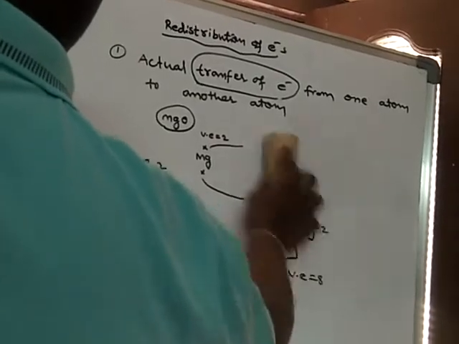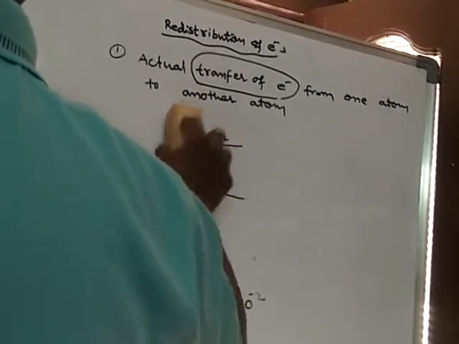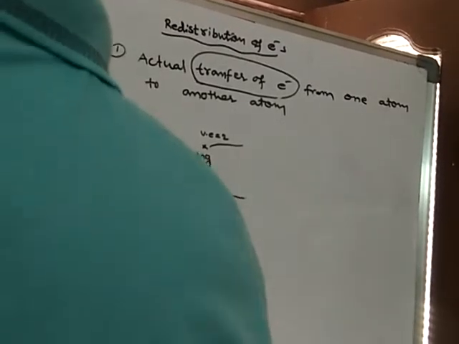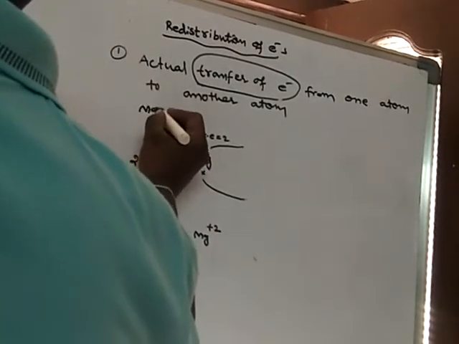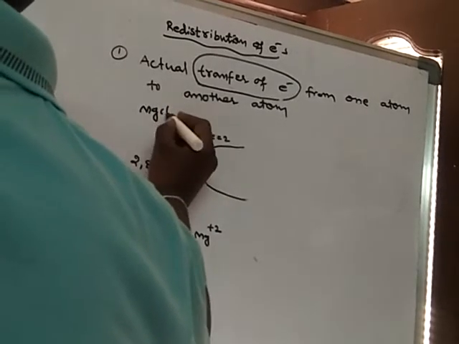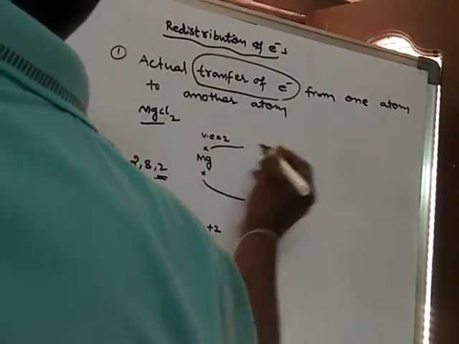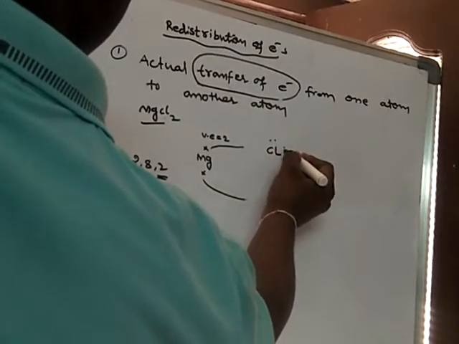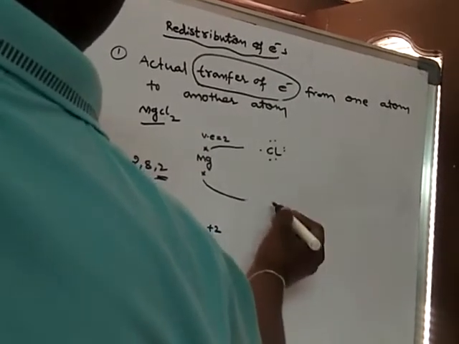If you take magnesium chloride, what is the formula of magnesium chloride? MgCl2. In magnesium chloride, how many electrons does chlorine contain in its valence shell? It is a group 7 element.